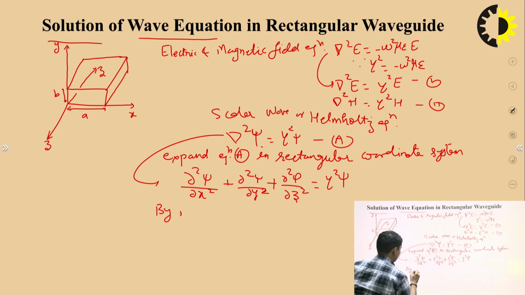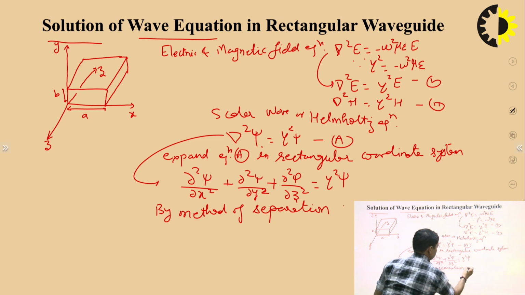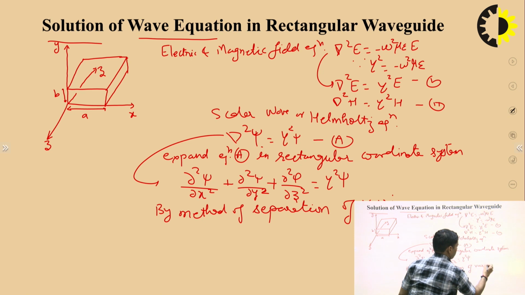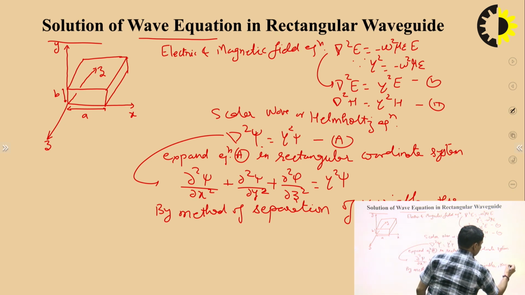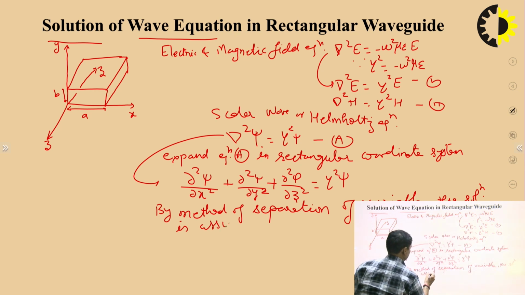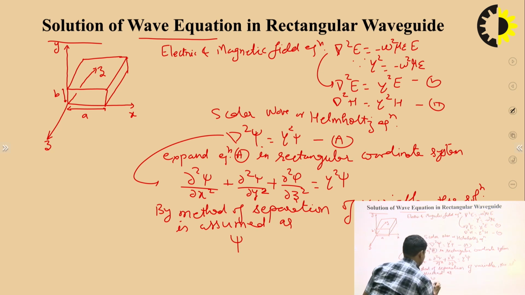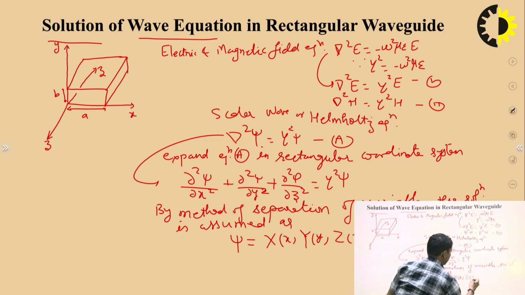By the method of separation of variables, the solution is assumed as psi is equal to X of x, Y of y, Z of z.